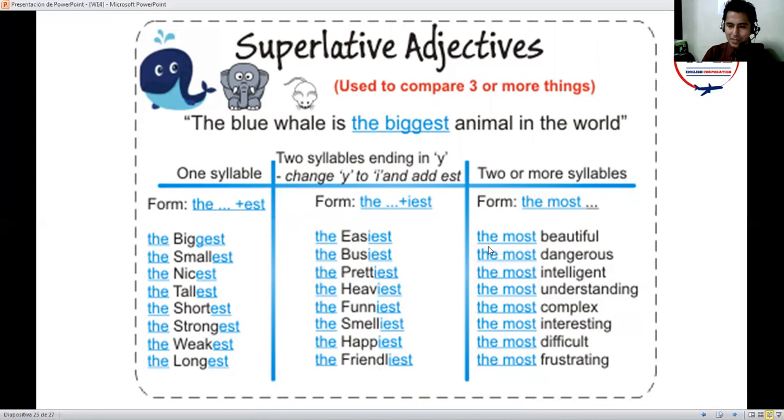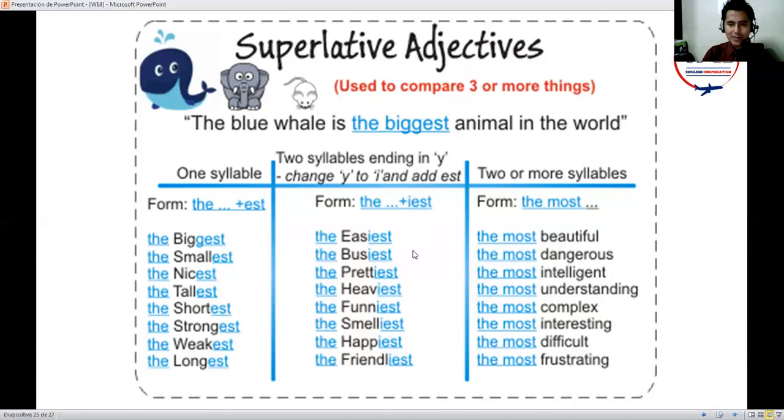The most beautiful, the most dangerous, the most intelligent, the most understanding, the most complex, the most interesting, the most difficult, the most frustrating.